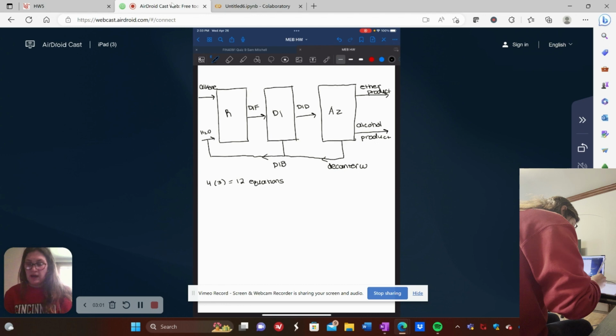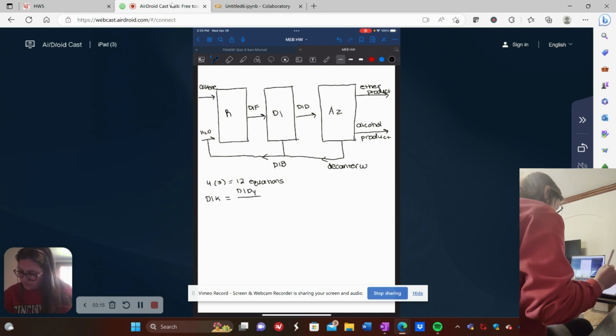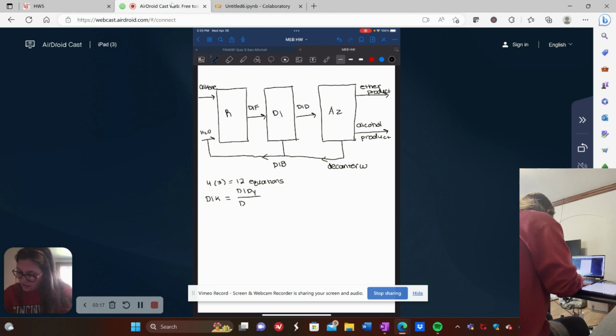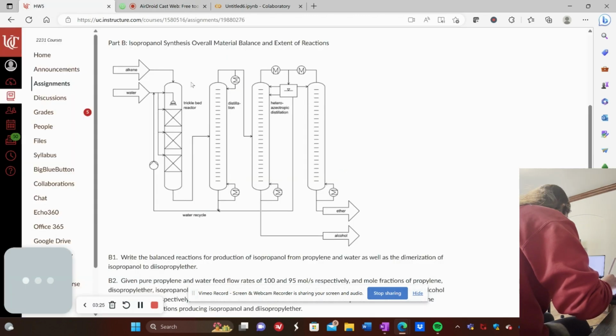And then we also have our equilibrium equations, and these are associated with the value K. So this is D1K, which is equal to the mole fractions for D, or D1D, over the mole fractions for D1B. And this was given to us.